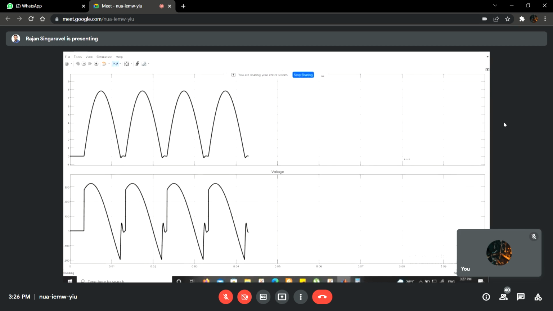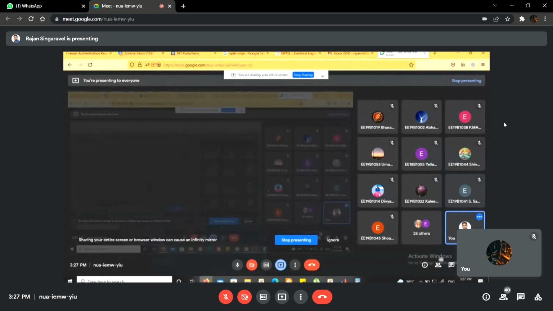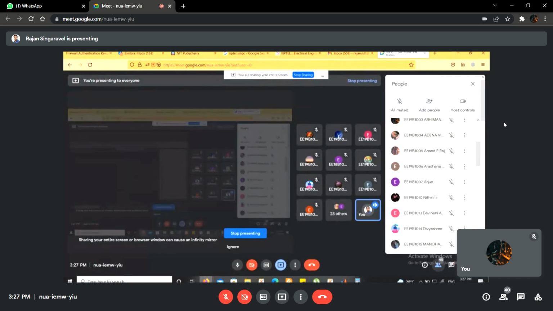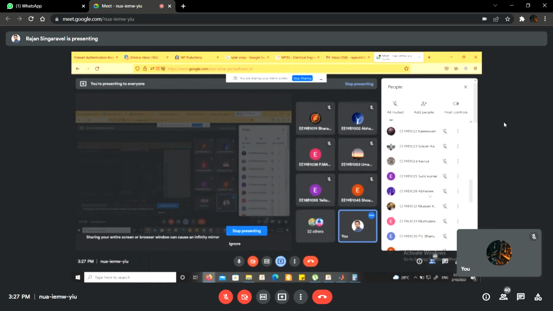So this is about the full converter, and from these working principles, we can understand that the full converter can be operated in two quadrants. What are the quadrants in which the full converter can work? Anyone?